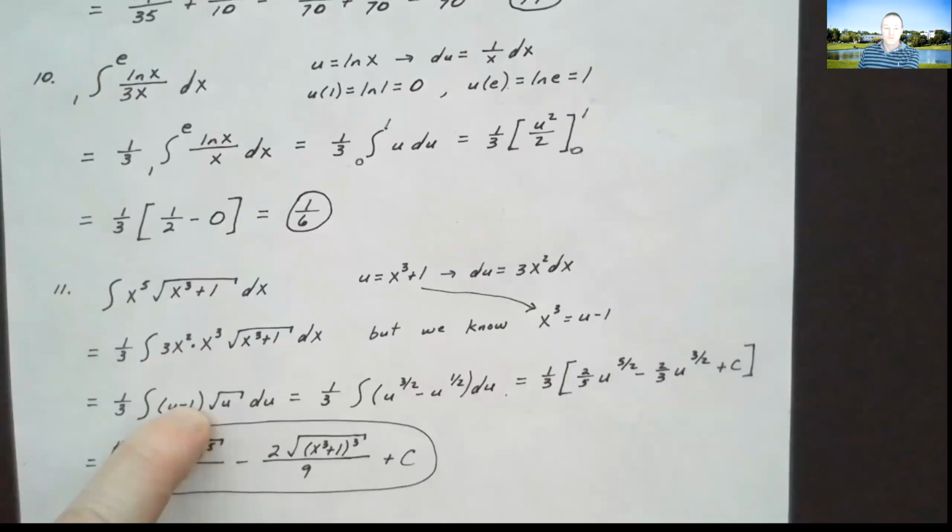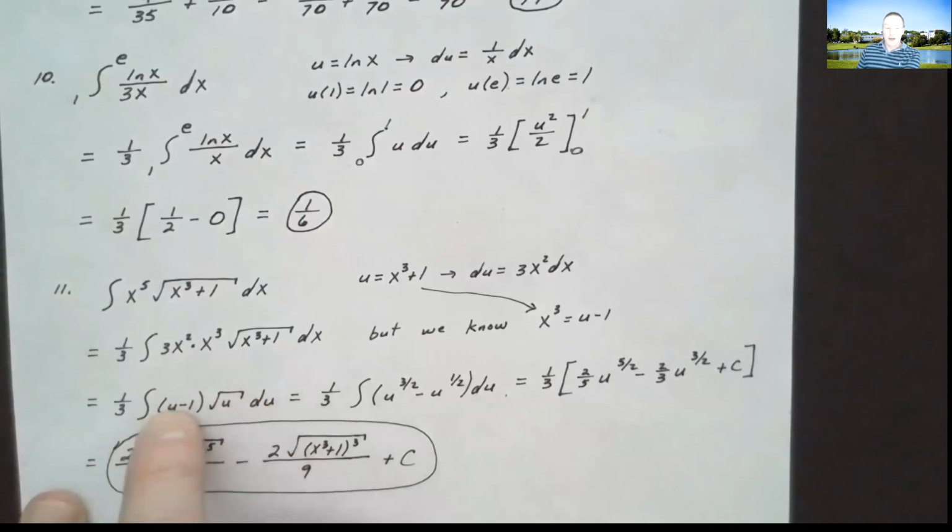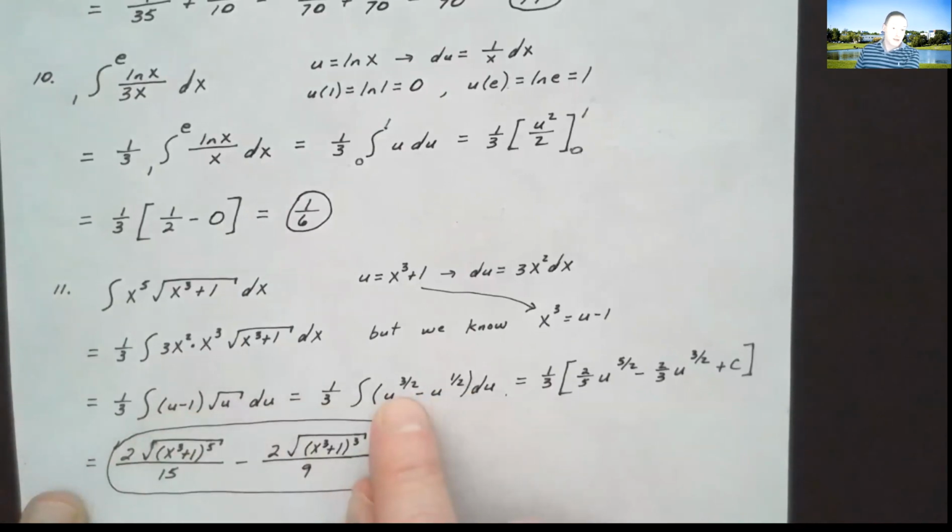It's still there. Now, the nice thing about this is I can algebraically simplify and distribute that square root of u, which is u to the 1/2 power, times u minus 1. And on the inside of the integral, I'll get u to the 3/2 minus u to the 1/2. Both of those integrate really nicely by the power rule. We add 1 to the exponent here, you get 5/2.